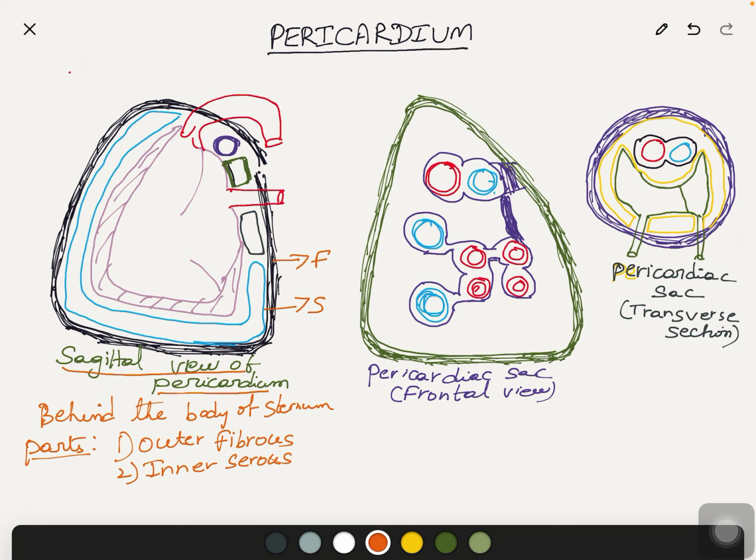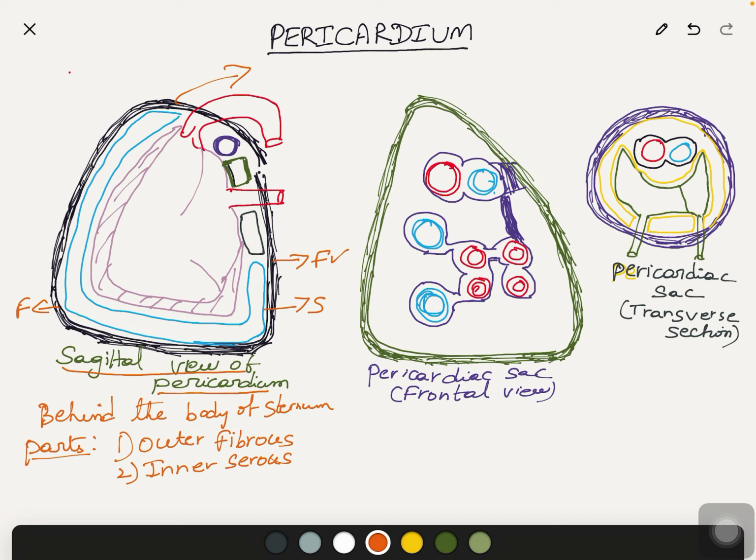Fibrous pericardium, if you observe, is cone shaped. It is a cone shaped bag with a truncated apex above. So this is the apex of the fibrous pericardium, and it is above.